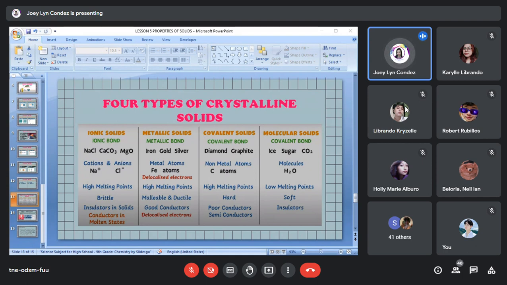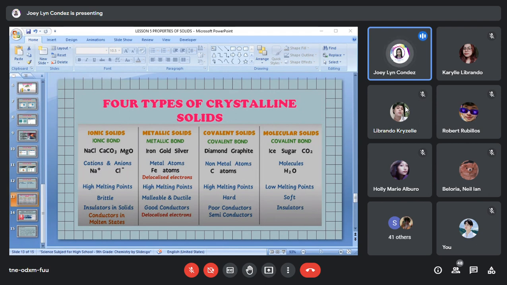Carbon dioxide. At room temperature, carbon dioxide exists as gas, but at different temperature, it exists as solid. Carbon dioxide can be changed to solid. But if carbon dioxide is in solid form, it's a crystalline solid. Specifically, it's a molecular solid.